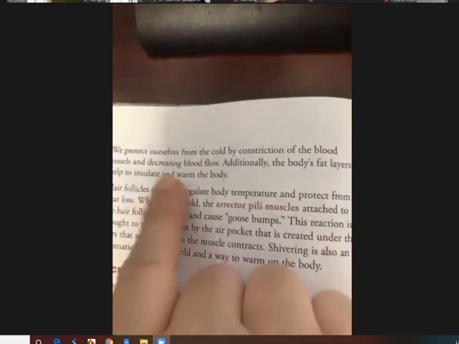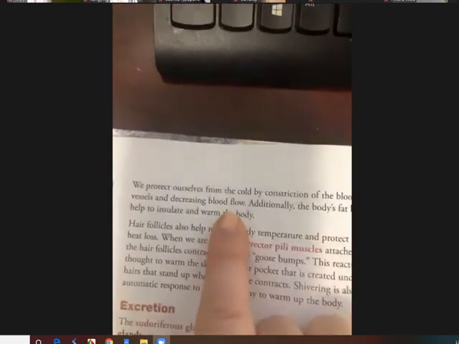It makes your blood vessels smaller, so your blood flow becomes slower. Okay? Also, your body fat. Okay? Your body fat will help to insulate and warm your body.